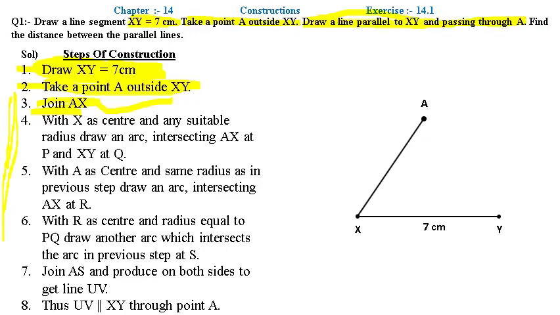First, let's understand what with X as center means. When you have a compass, it has two parts. One part is the needle and the other is where you attach the pencil. The needle part is the portion which is placed on the center.